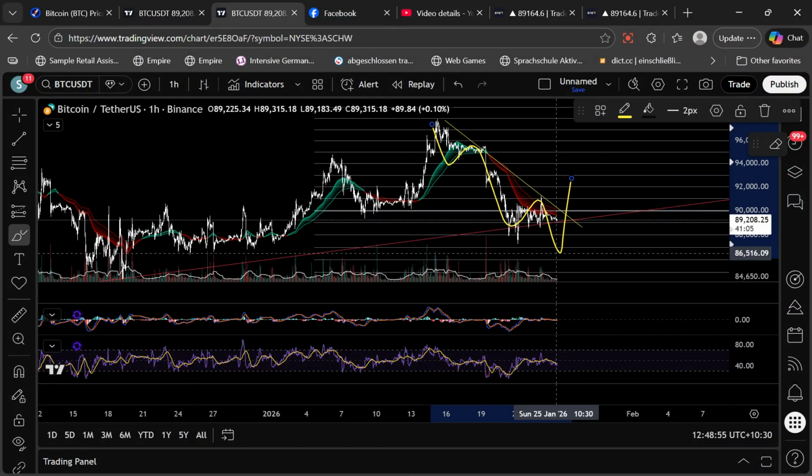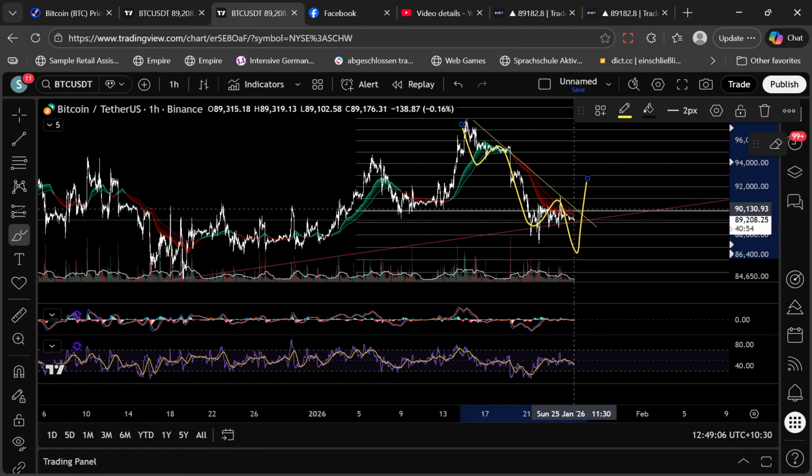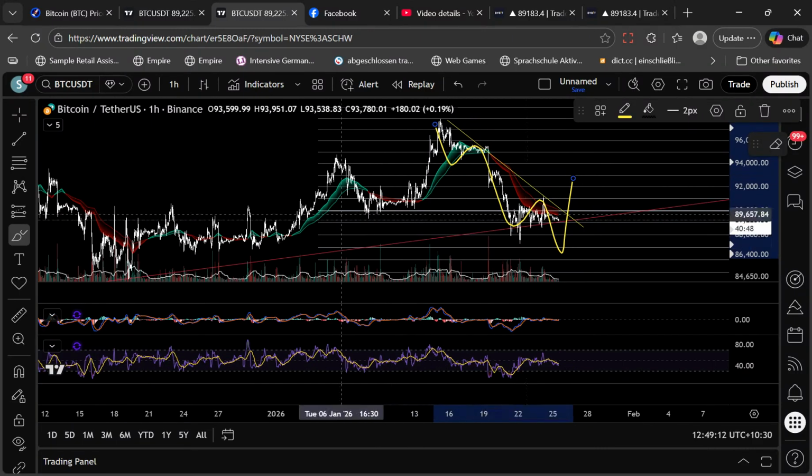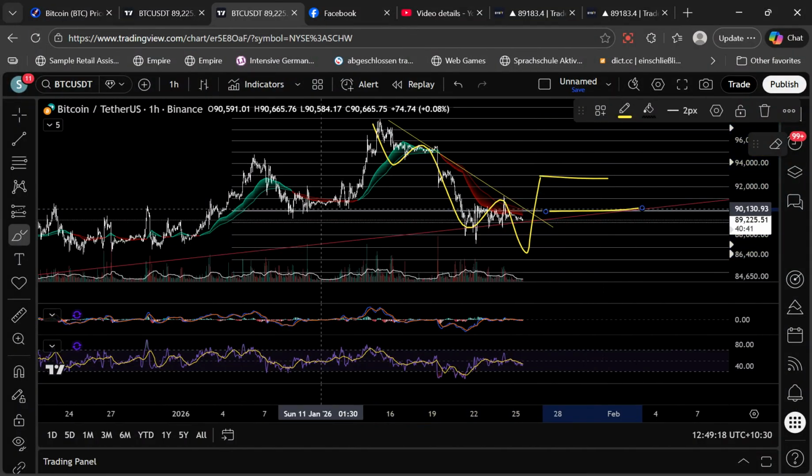So if we start taking shorts too soon, it's possible that we'll get trapped and stopped out if our stops are tight. So it's a little bit too soon to confirm where we are in terms of price action. I just want a little bit more confirmation that the 93 and the 90 is the retested resistance.